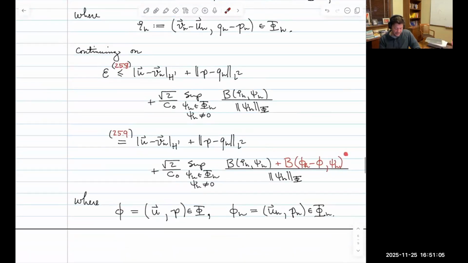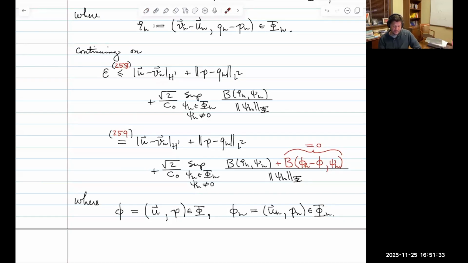Okay, so I added this term. This term is just going to be equal to 0. I've just added 0, so I'm not doing anything wrong. That's just equal to 0. Well, let's write it like this actually. That whole term is just 0.